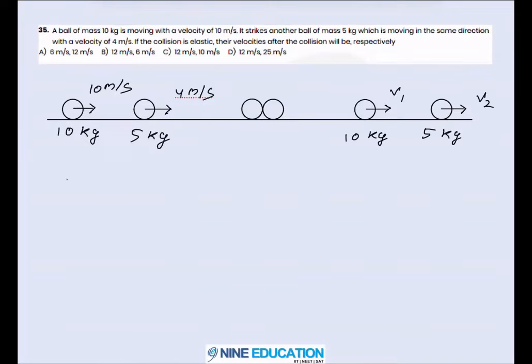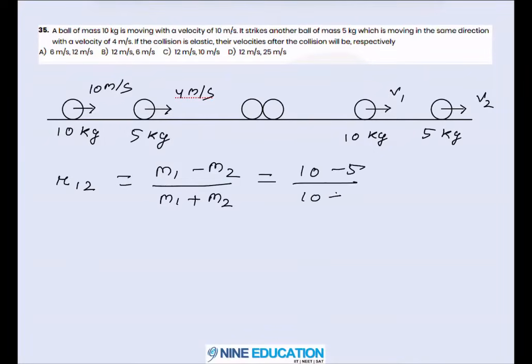Now, what is the collision formula? Let us first calculate the value of mu12. So mu12 will be m1 minus m2 divided by m1 plus m2. That will be 10 kg minus 5 kg divided by 10 plus 5, which is equal to 1 by 3. So we got our mu12.